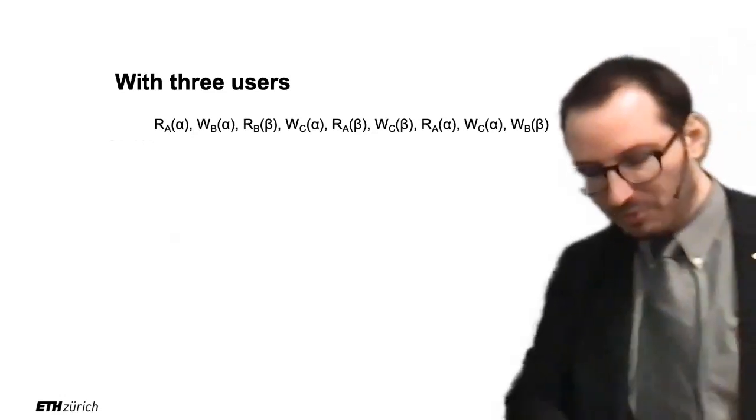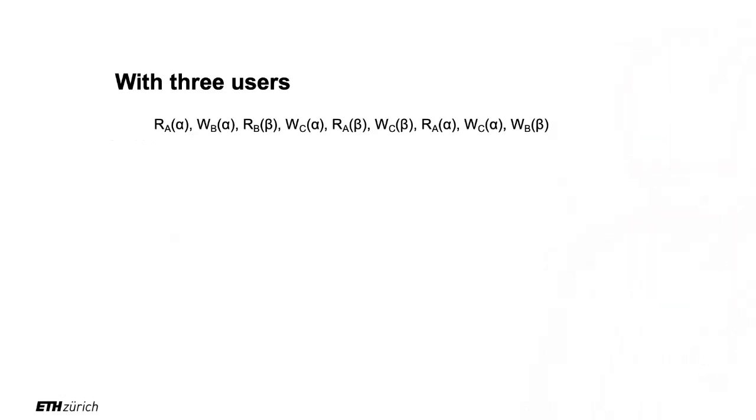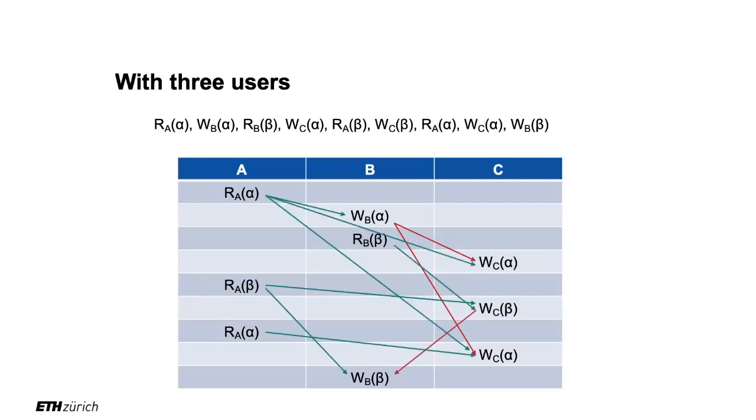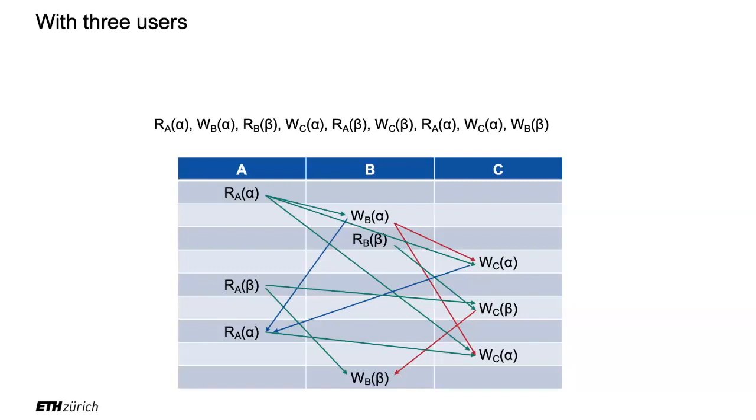So just as an example that you can try to work on offline in the next week, if now I give you this instead with three people, A, B, C, and two data records that are manipulated, alpha and beta, and you still have read and write, try to write them down like this as an offline exercise, try to reason on that and reproduce what I did here with A, B, and C, and put the arrows here like this.